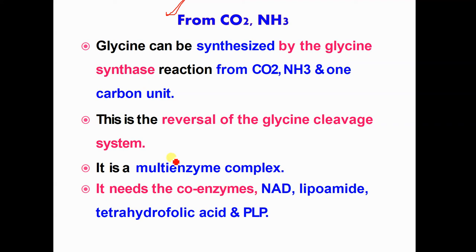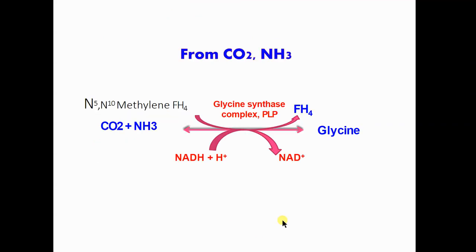This is also a reversible reaction, where once glycine completes its metabolism it can be cleaved into carbon dioxide and ammonia. This glycine synthase is a multi-enzyme complex, and it requires coenzymes NAD, lipoamide, tetrahydrofolic acid and pyridoxal phosphate.